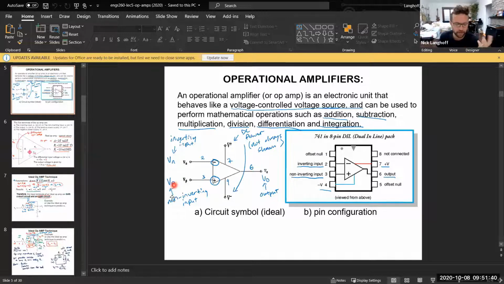VP, P for positive, is the non-inverting input. If you apply a signal to the non-inverting input, it will be non-inverted at the output. If you apply a signal to the inverting input, it will be inverted at the output. We'll see examples of these amplifier types and blocks shortly.